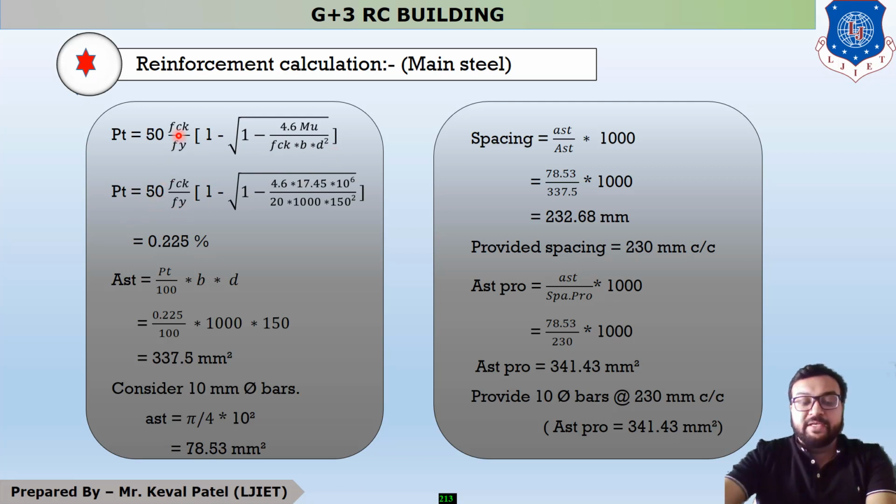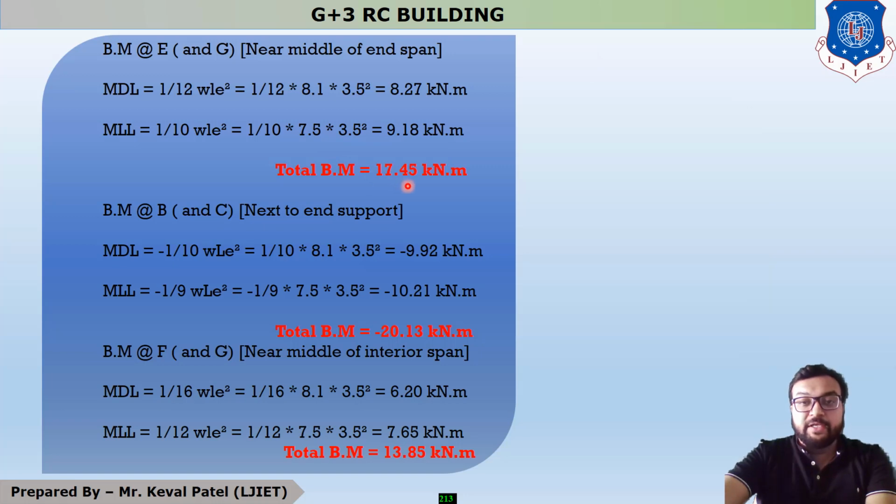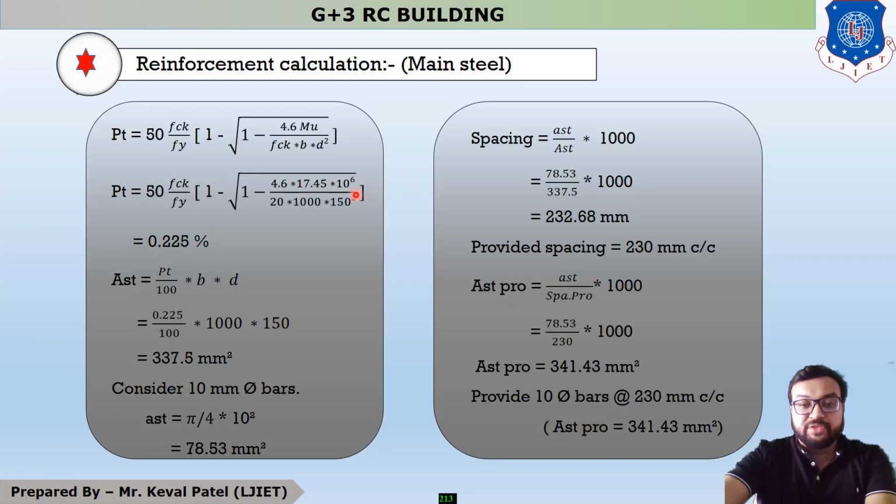Your value of FCK is 20, your value of Fy is 415, your Mu is 17.45 into 10 raised to 6, your value of B is equal to 1000 and your value of small d is 150. After putting all these values, we get our answer as 0.225 percent.